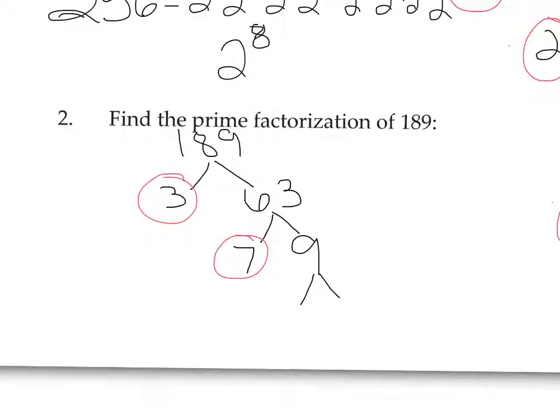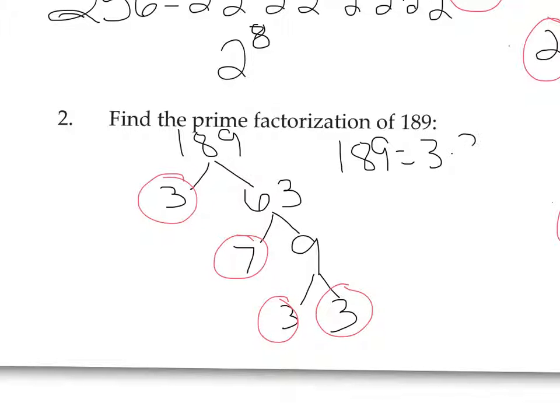And 9 is 3 times 3, and they are both prime. So 189 equals 3 times 3 times 3 times 7. If you want to write it with exponents, we would write 3 to the third power times 7. And again, don't stress the exponents because we're going to talk about them in a later section.